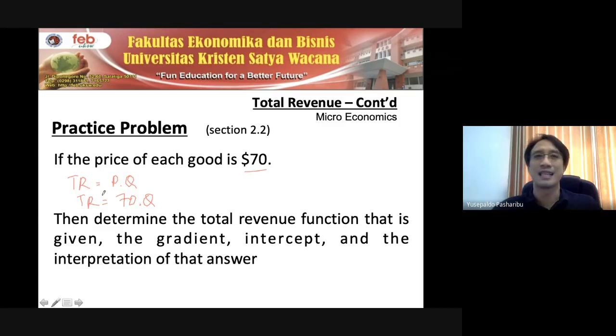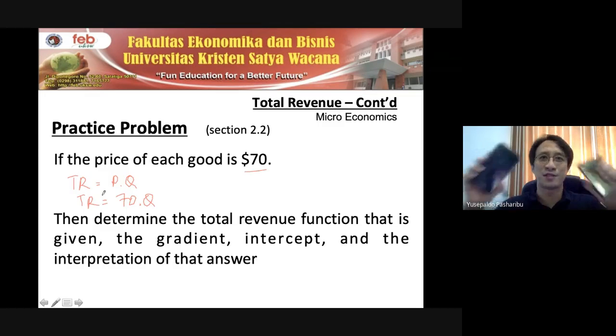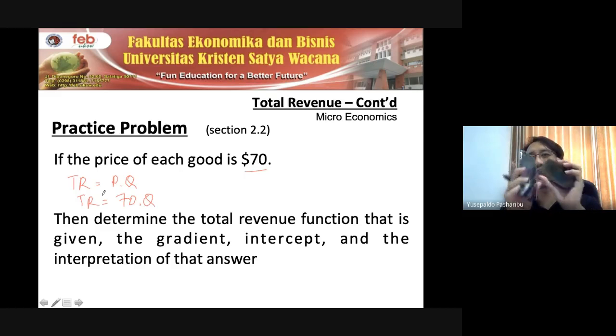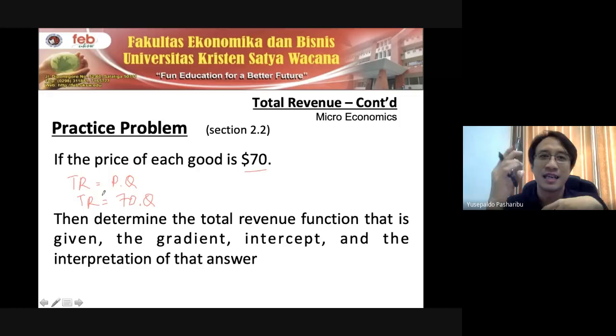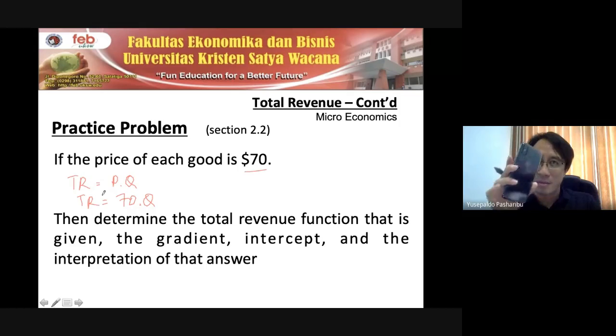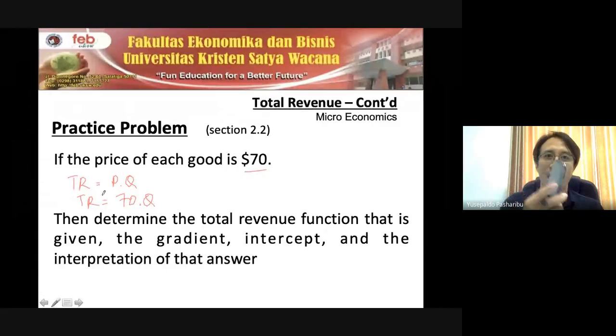For example, if I have 2 iPhones and I sell one of them for 10 million, then the price times the quantity, 1, means I only get 10 million.